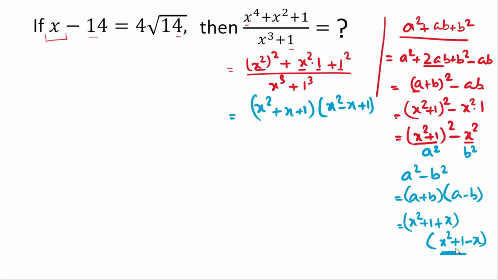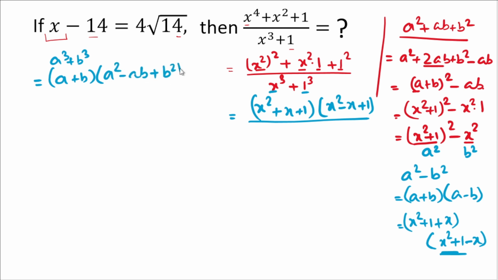Here we have taken minus first and plus 1 later. In the denominator we have a^3 plus b^3, and the formula of a^3 plus b^3 is (a plus b) multiplied by (a^2 minus ab plus b^2).